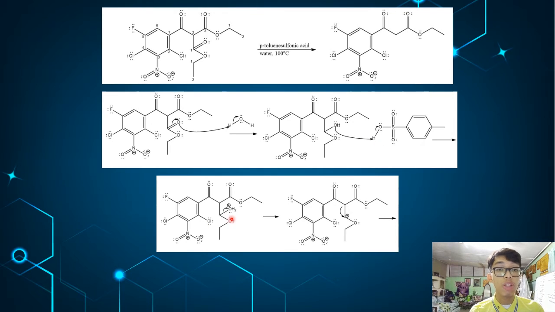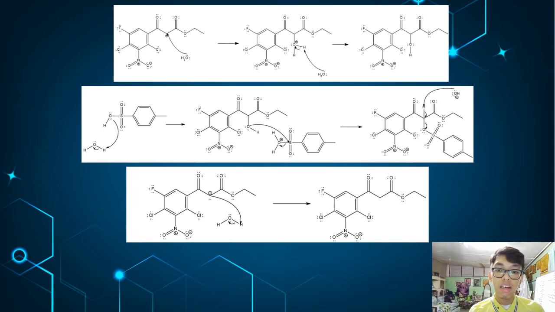That water is now a good leaving group, so that would be kicked out, giving us a positive charge on this carbon here. Rearrangement will lead to the positive charge being shouldered by the more substituted carbon. Now, when there was a carbon rearrangement, the whole group became a leaving group.